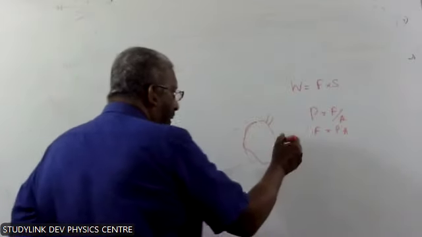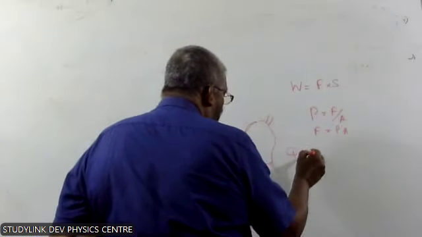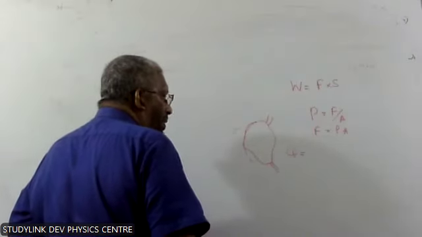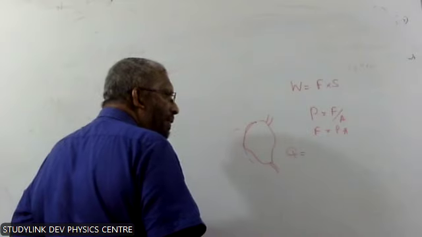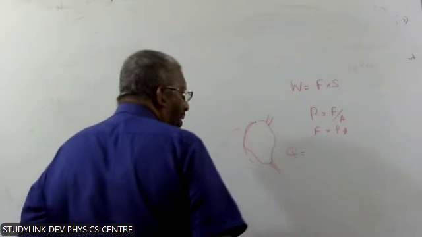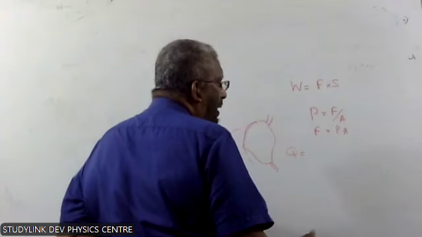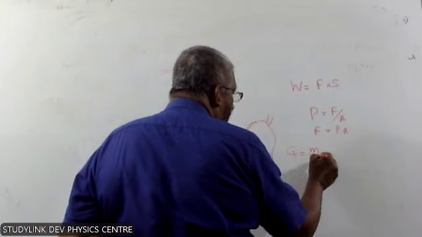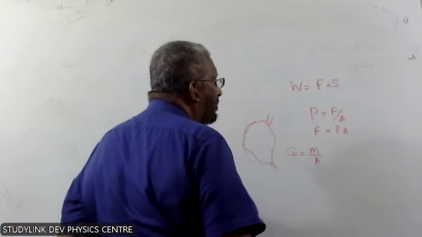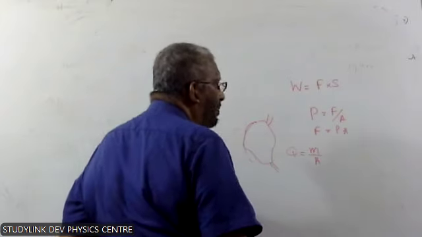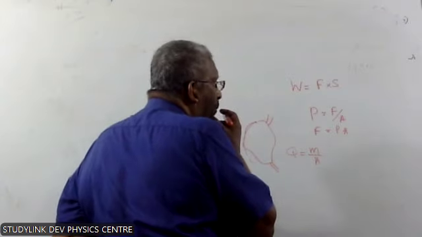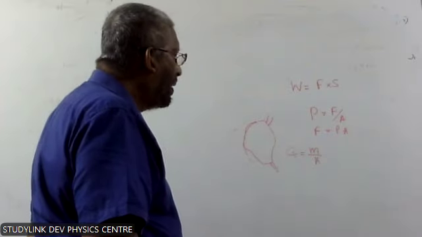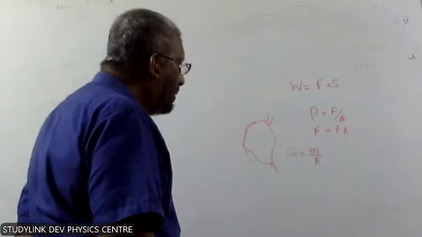Now will you consider Q? Q is equal to volume divided by time, or mass divided by time. That also we can use. Then using these equations, we can prove certain ones.